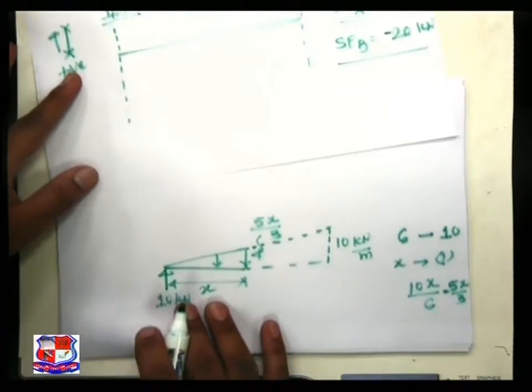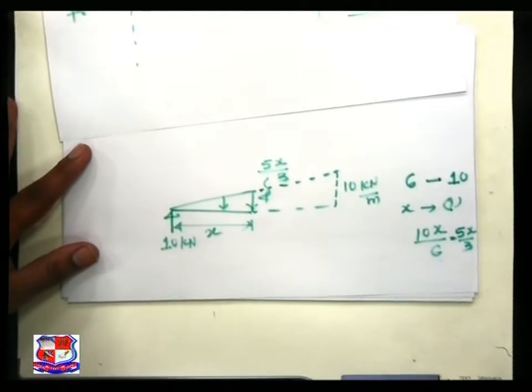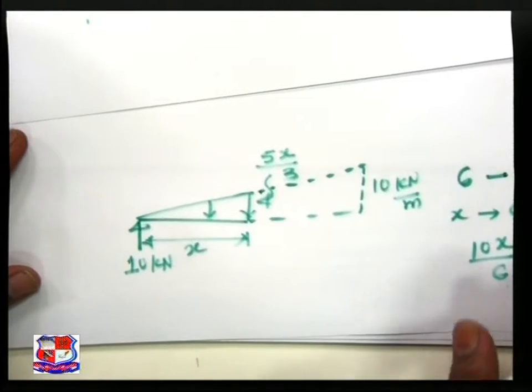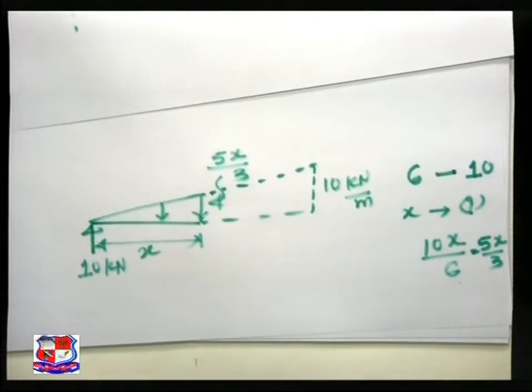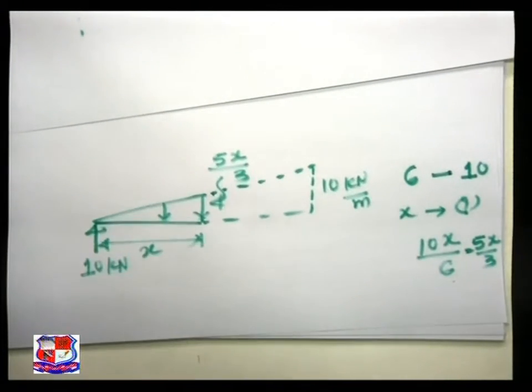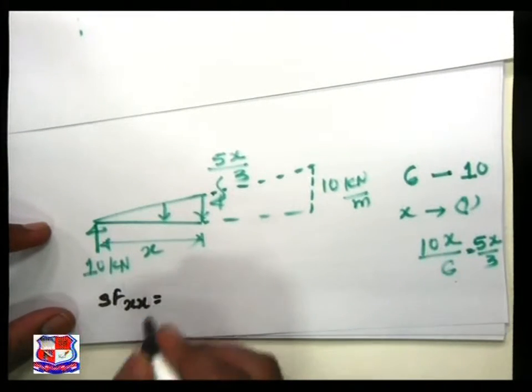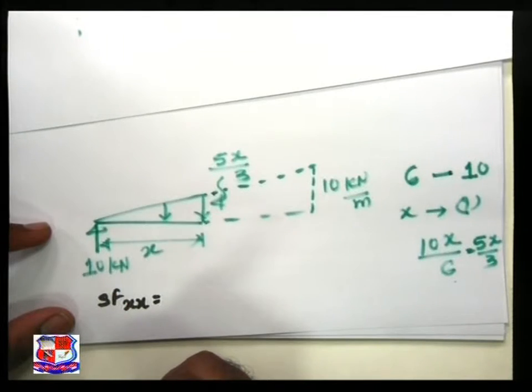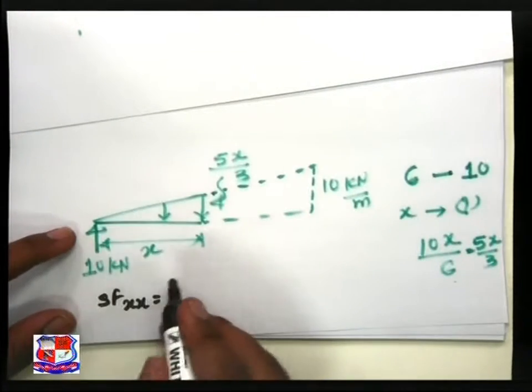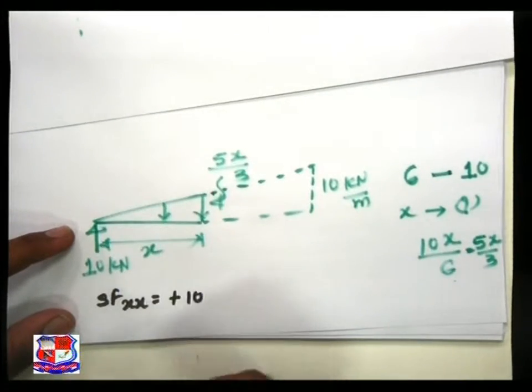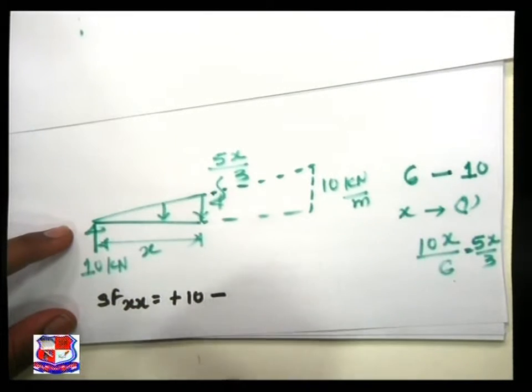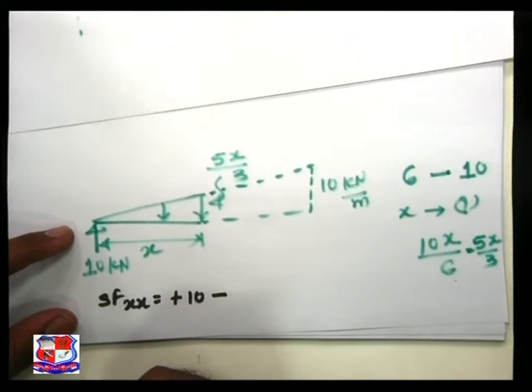Now let us go ahead. Shear force at section XX is equal to section left upward, plus 10, minus the downward load.